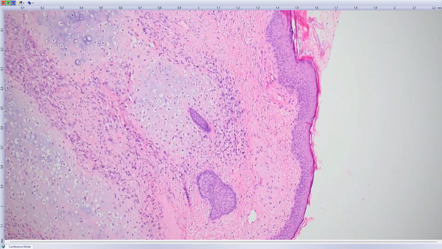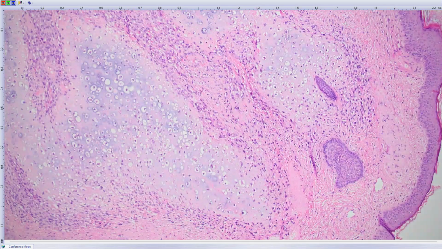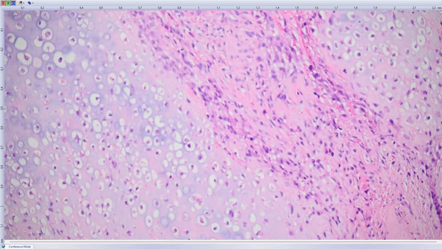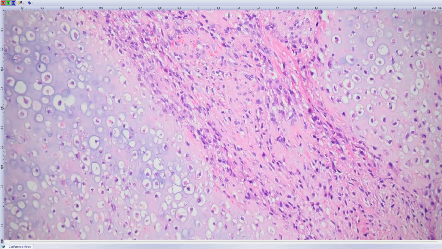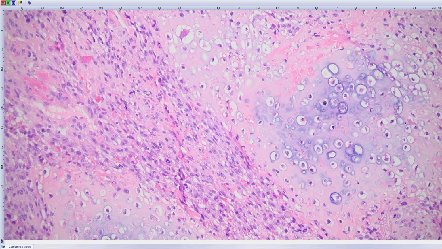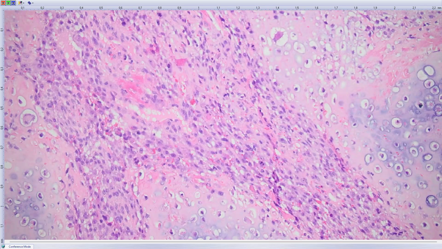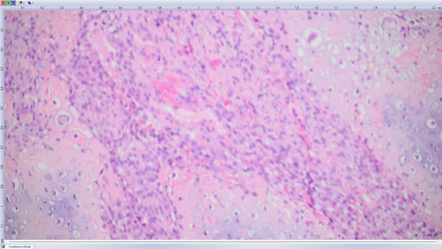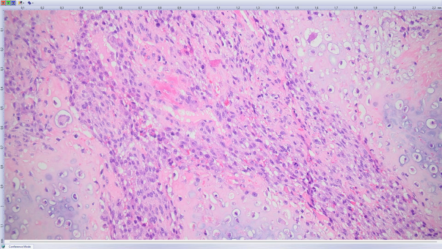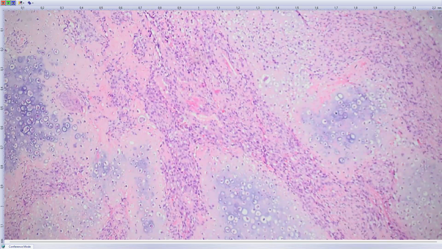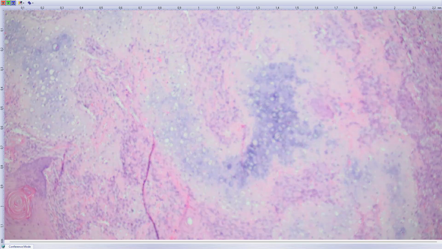And under the epithelium, again, you can see this atypical looking cartilage. And next to it, you can see this atypical spindle cell proliferation with quite a high mitotic activity, and I was able to find even some atypical mitotic figures. Okay.